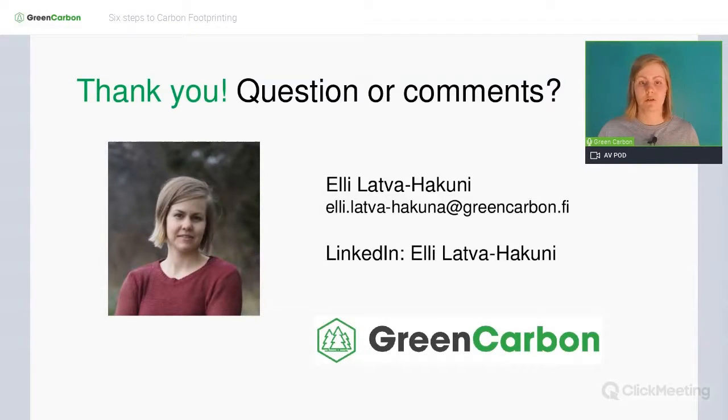Then you don't want to count twice the same emissions, because you want a very realistic picture. But in the corporate sector, this is a little bit different, because those emissions that come from scope 3 are value chain emissions. So they are also included in other companies' carbon footprint.